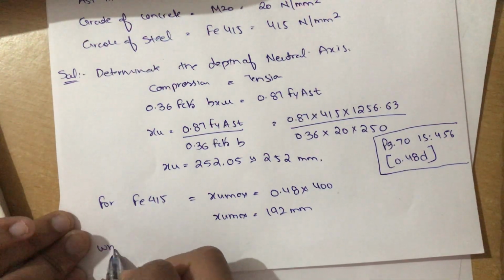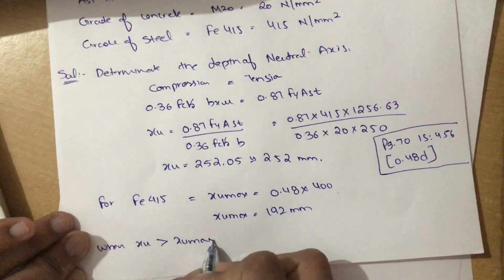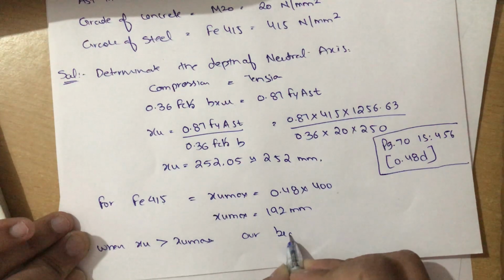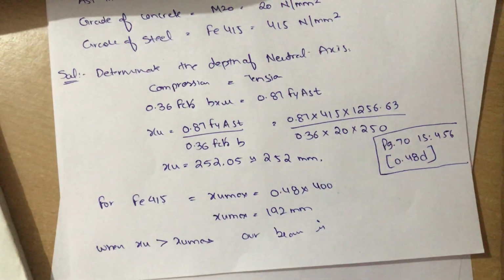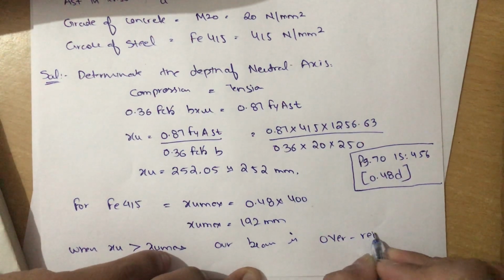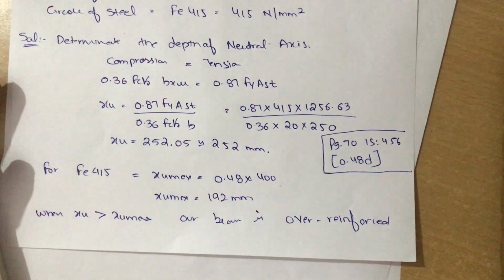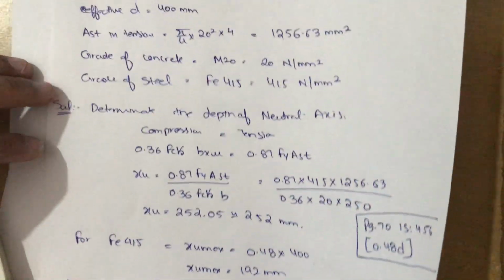When xu is greater than xu maximum, our beam is over reinforced. Our beam is over reinforced.